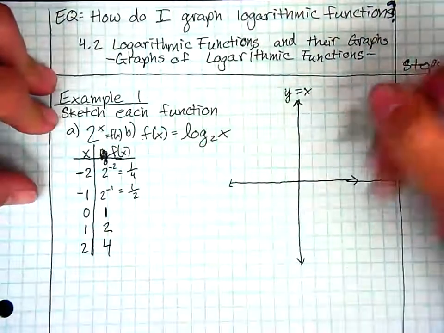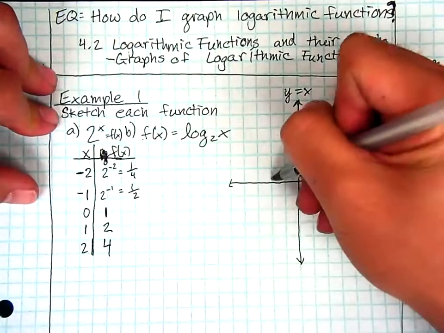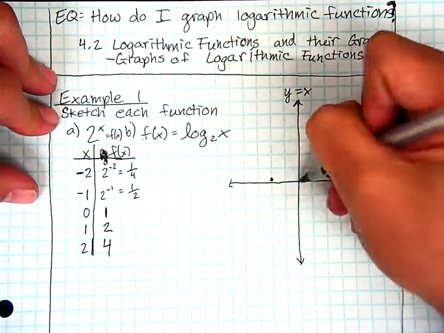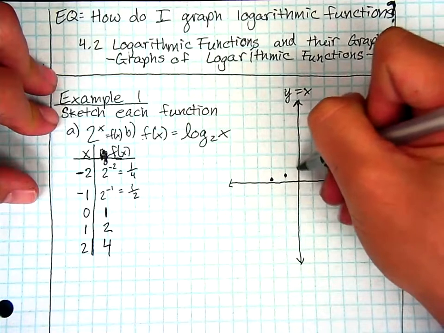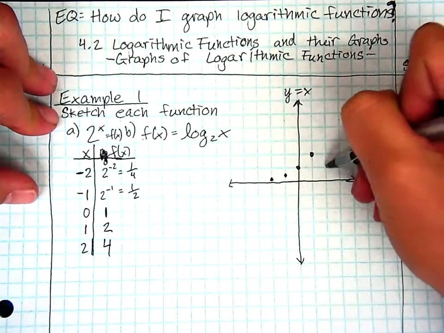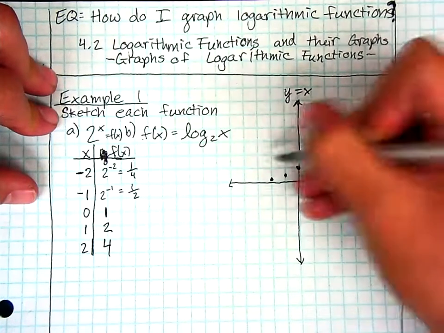Okay, so let's go ahead and graph the exponential function first. So let's go -2, 1/4, really close to 0, -1, 1/2, 0, 1, 1, 2, 2, 1, 2, 3, 4.